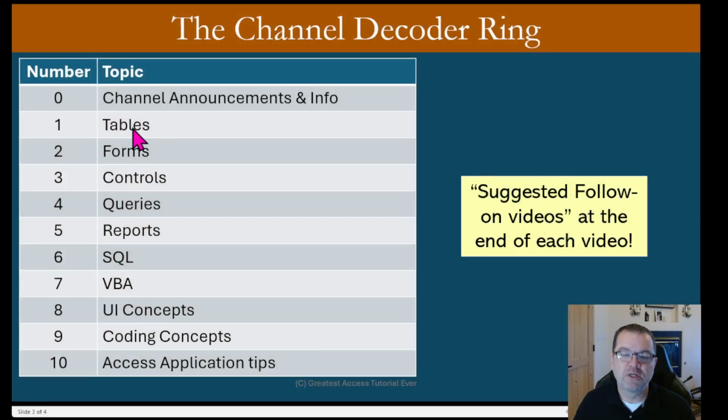So for instance, if we move from episode 1.1, which is tables, to 2.1, which is intro to forms, I'll tell you at the conclusion of each video, and again, they'll be linked in the comments. Eventually, once I have enough videos, I'll have playlists on the YouTube channel. That way you can just find the playlist and start going from there.